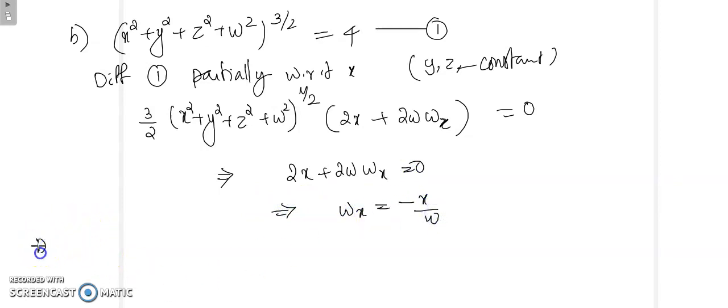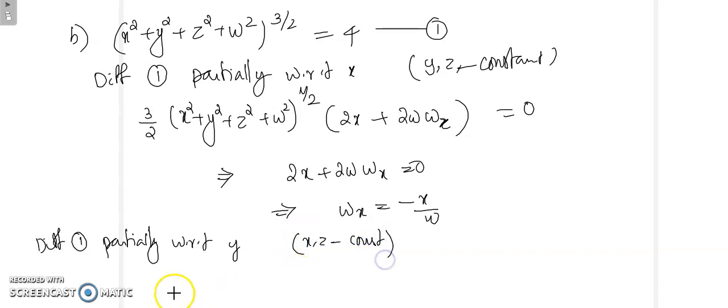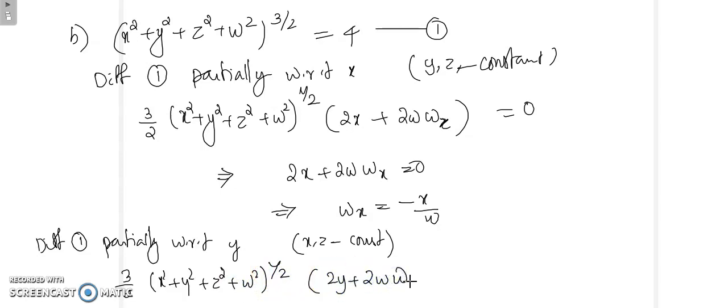And similarly, when you differentiate 1 partially with respect to y, here x and z will be constant. So we are going to get again 3 by 2 x squared plus y squared plus z squared plus w squared whole raised to 1 by 2 into 2y plus 2w wy equal to 0.